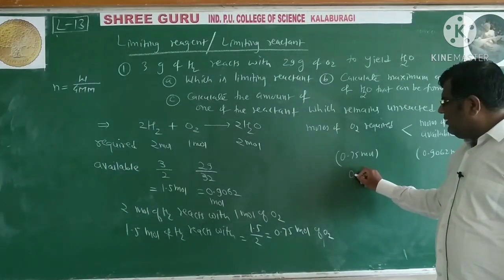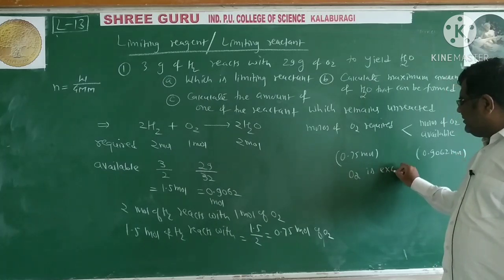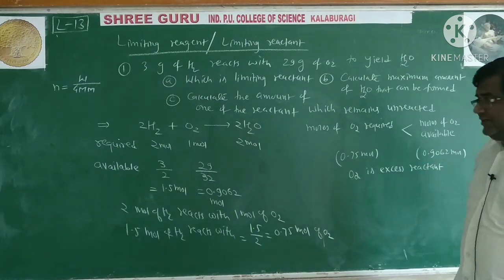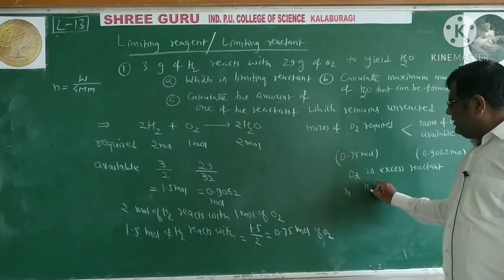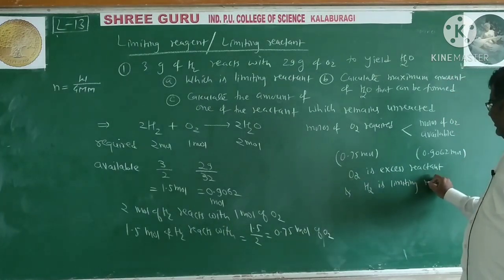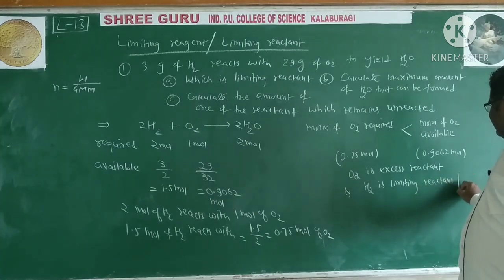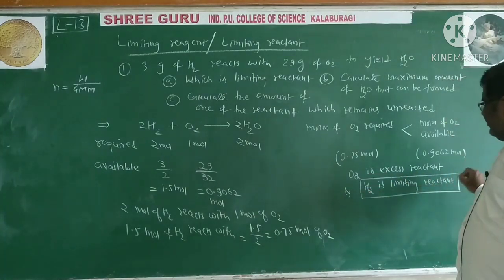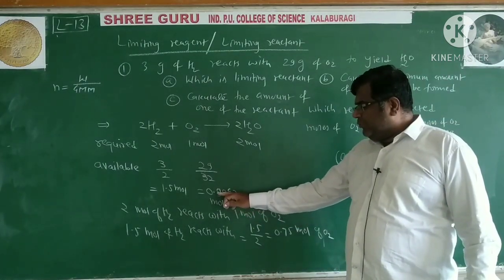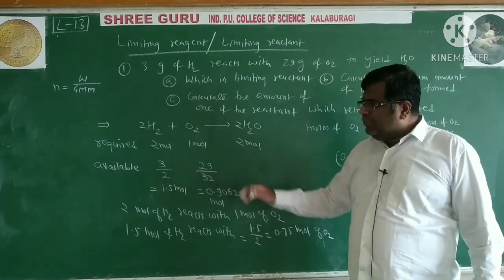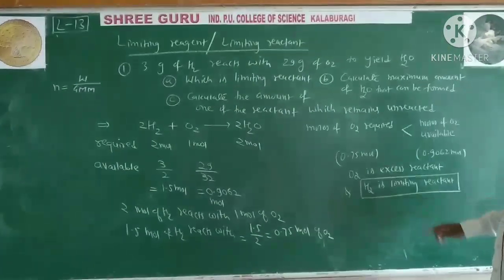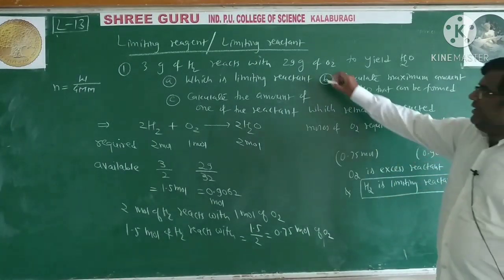So oxygen is the excess reactant, more than needed is present, and hydrogen is the limiting reactant. Because for 0.9062 mole of oxygen, more moles of hydrogen would have been required, but they are not available. So H2 is the limiting reactant. We answer this first question.